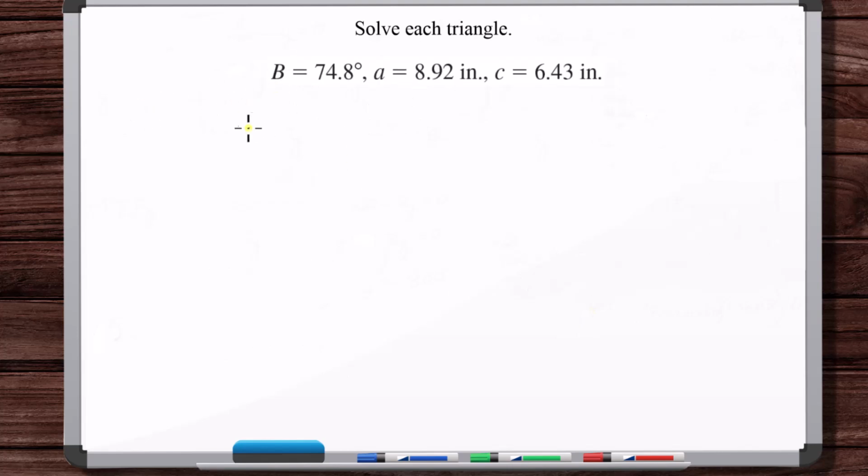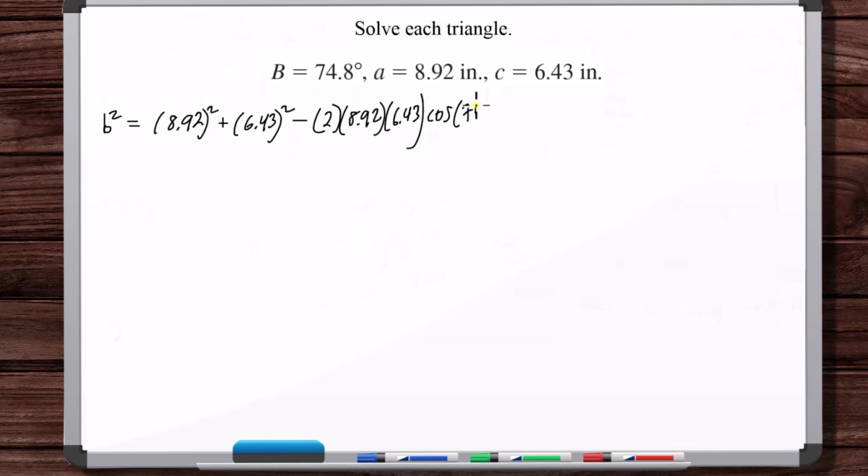Okay. We've got angle side, so let's solve for side length B. So B squared is equal to the adjacent side lengths squared minus 2 times, and then cosine of 74.8 degrees.